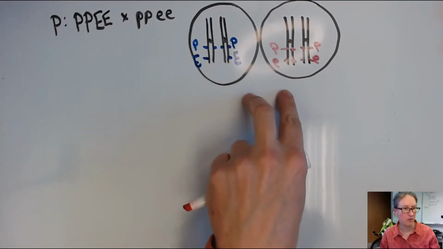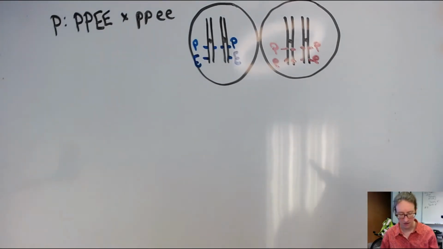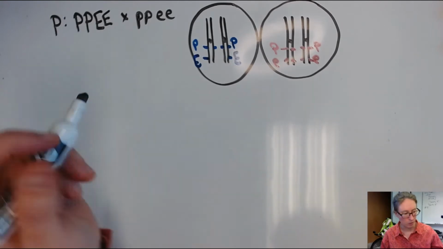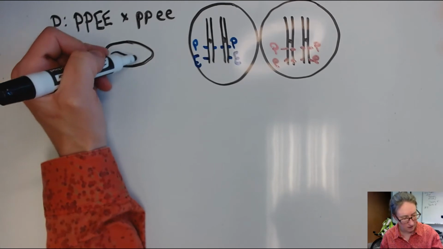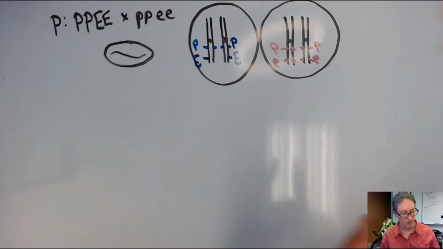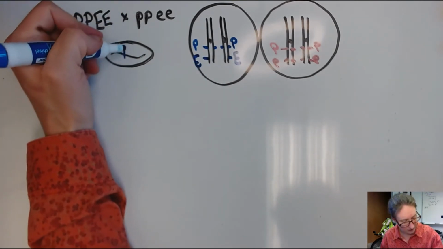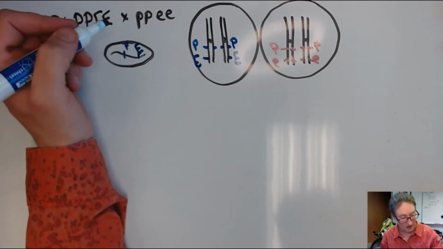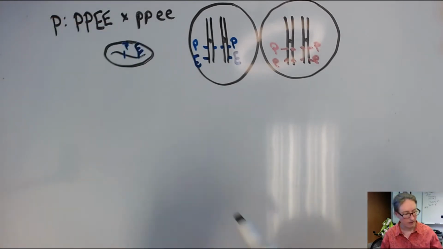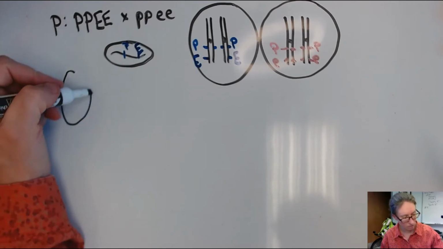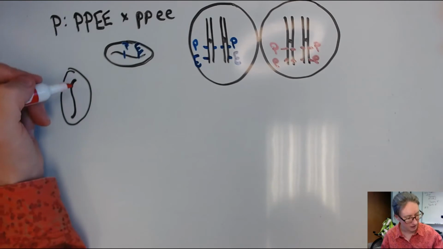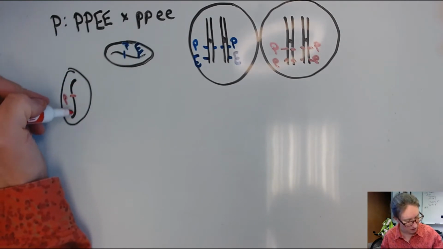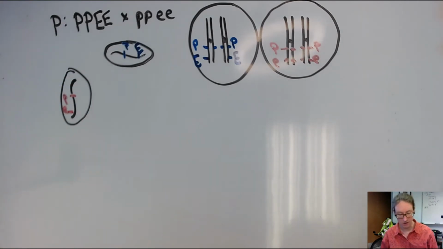So these cells are going to go through meiosis, and they're going to each produce types of gametes. So one parent will wind up with a gamete at the end of meiosis that has a big P and big E on it. And the other parent is going to end up with a gamete at the end of meiosis that has a little p and a little e on it.